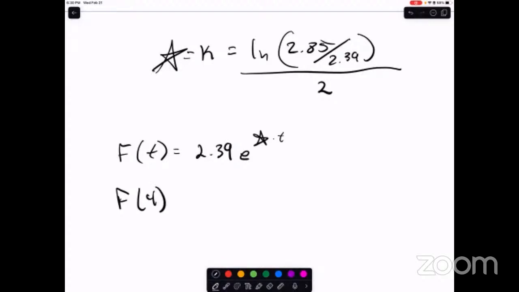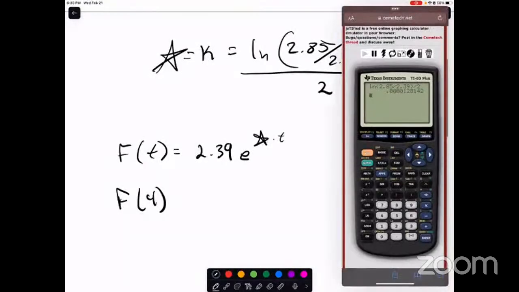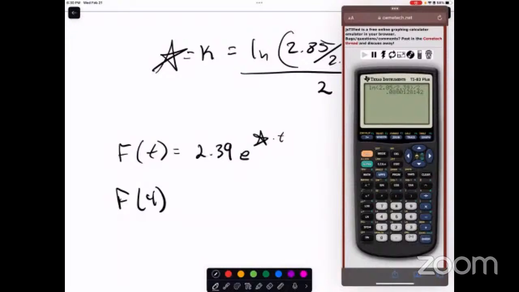So here, let me clear these out. We're going to say 2.39 times E right here. Now for K, I'm going to put that exact result, times X, where X is our time: the natural log of 2.85 divided by 2.39, and I have to get my grouping symbols proper here, then that divided by 2.